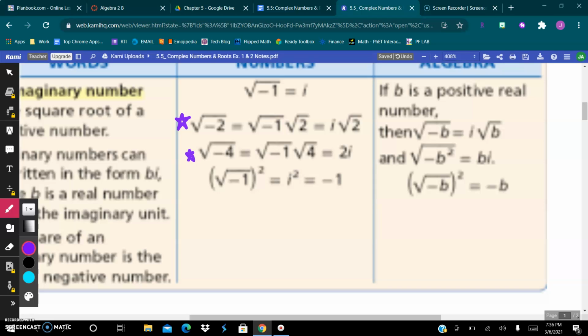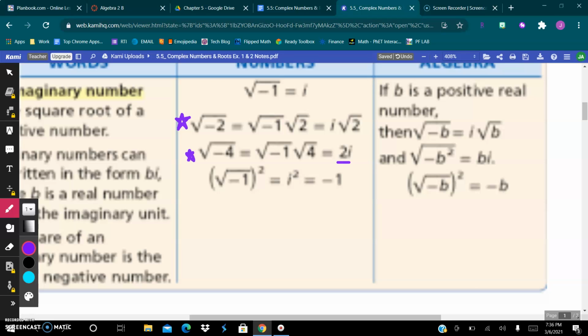That negative sign is like the square root of negative 1, broken off by itself, and then we have the square root of 4 left. The square root of 4 is 2, and the square root of negative 1 is i, so that simplifies down to 2i. Anytime we have a negative square root, we put them into two different problems and then simplify down.